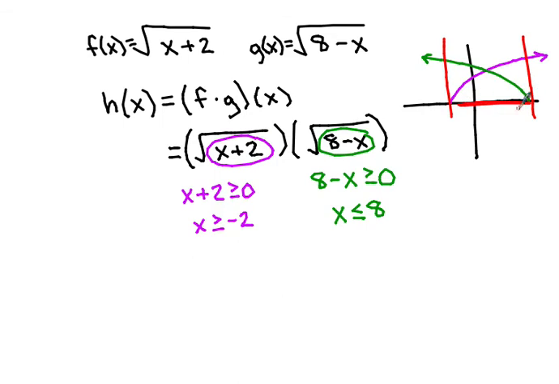We can see that clearly through the graph, and we can see that with these 2 domains, the overlapping region is where they're stuck in between each other. And so my final domain for this situation is going to be x is an element of negative 2 to 8. And so there becomes our new domain.